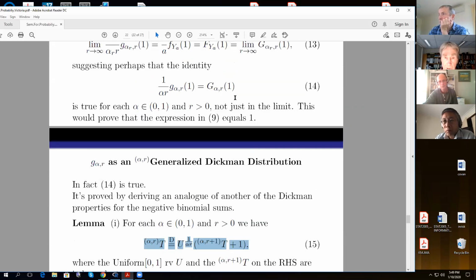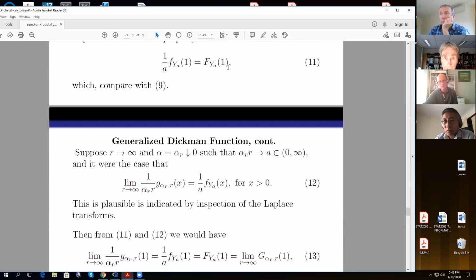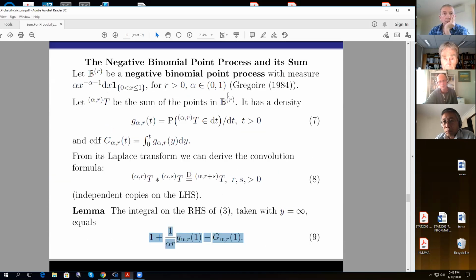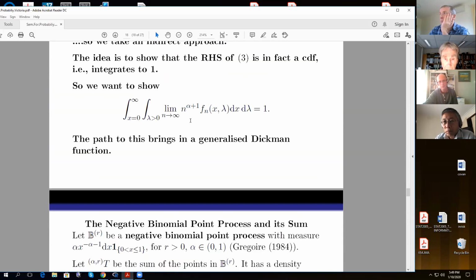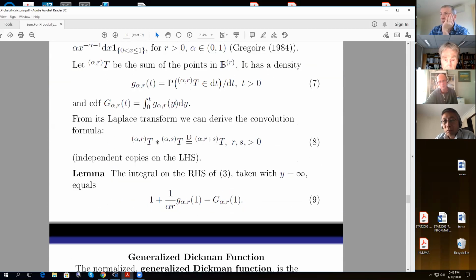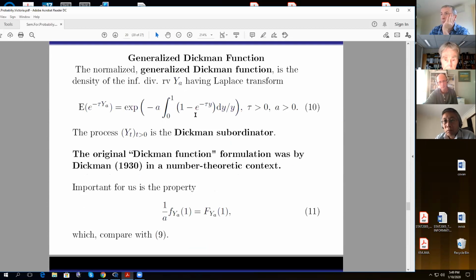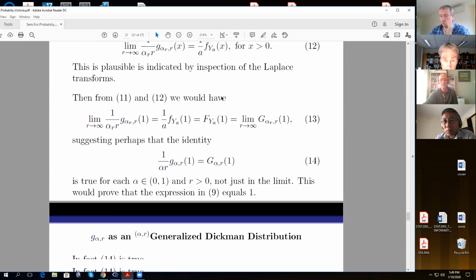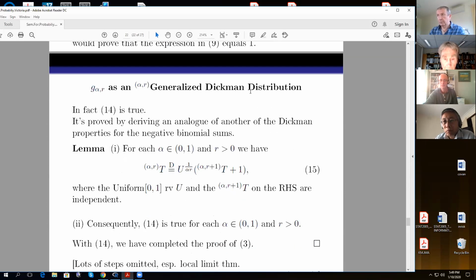And once you have a proof of this, then coming back here, you have a proof that this quantity is equal to 1, and we have magically gotten the limit under the integral without actually having to use dominated convergence, the bane of our existence, or one of them, by going through this route of noticing the connection with the Dickman distribution.